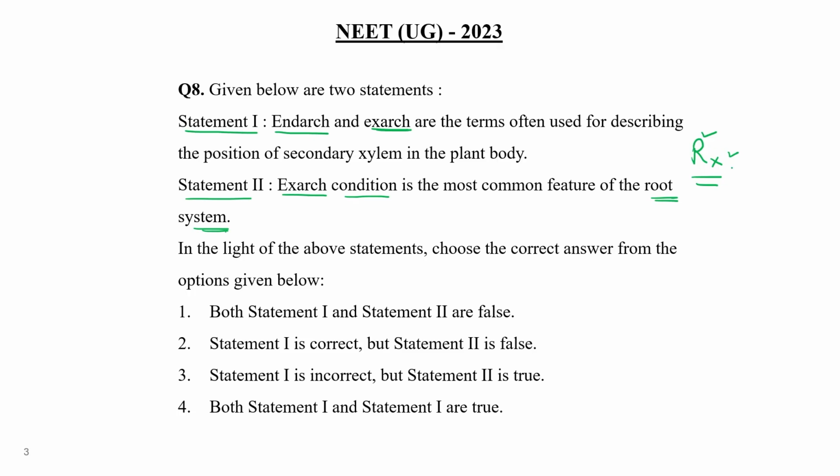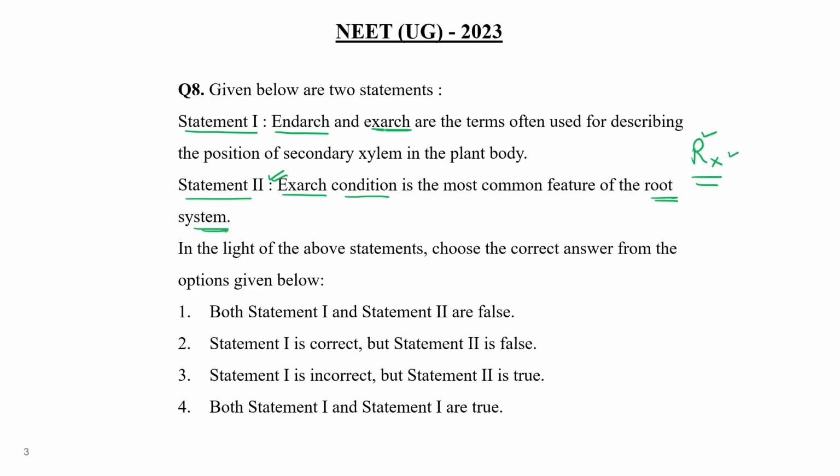So exarch condition is a common feature of root in which protoxylem is present on the outer side, and metaxylem towards the inside position, right? So exarch condition is a common feature of root system. This is the correct statement.